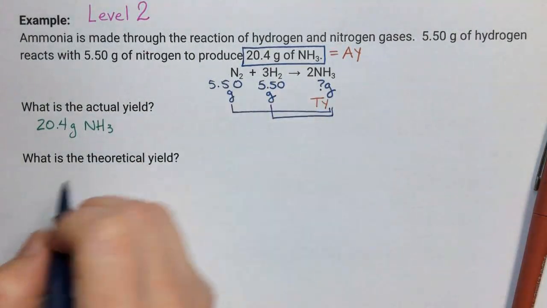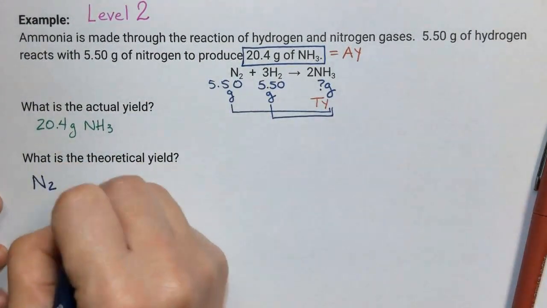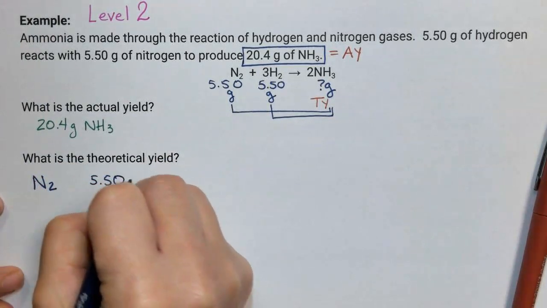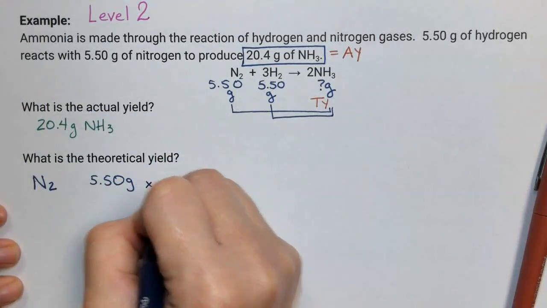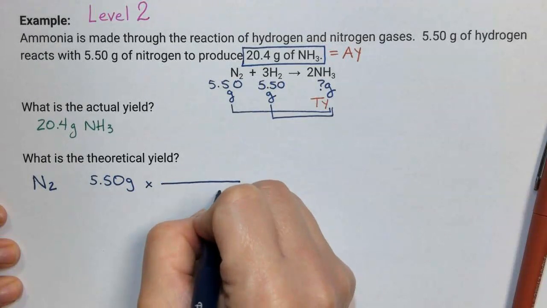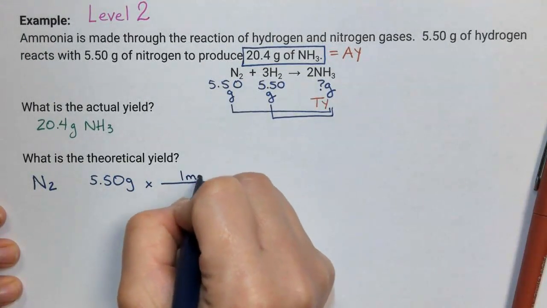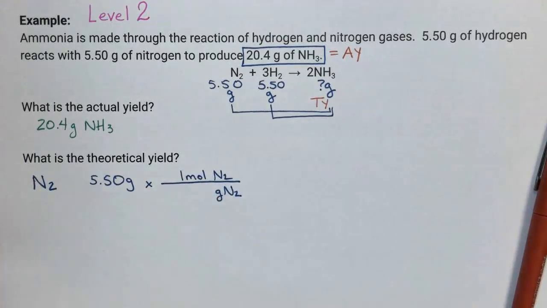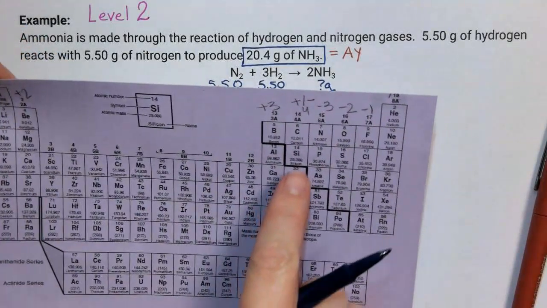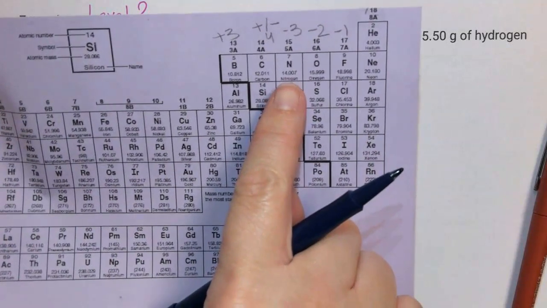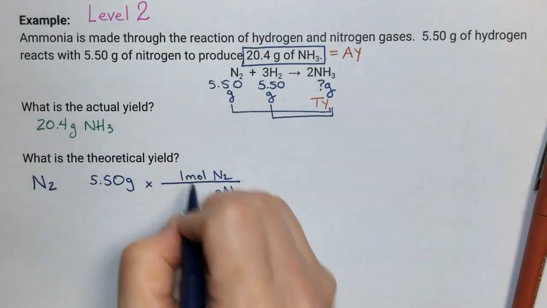So I'm going to start with first the nitrogen. So I'm going to take 5.50 grams of nitrogen times, draw a line, bring down grams of nitrogen, and I'm going to go to a mole of nitrogen by going to the periodic table and adding up the mass of nitrogen, which is 14.007 times 2.